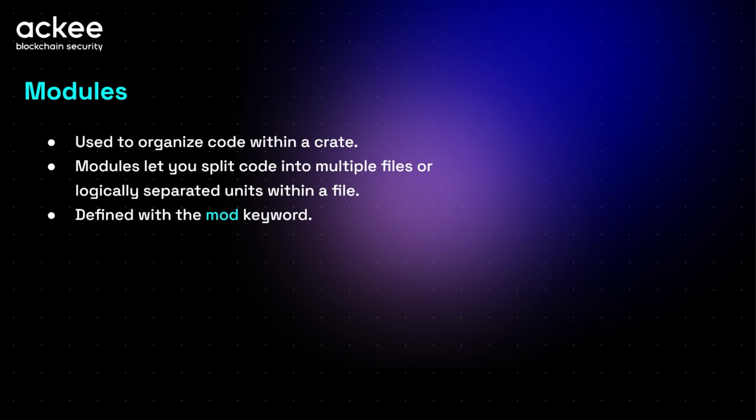You can have multiple modules in one file. So it basically lets you split the code into multiple modules based on the logic of the code. It is defined with the keyword mod, and for example, you can have public modules or private modules, or modules that are public only within the desired crate, and so on.